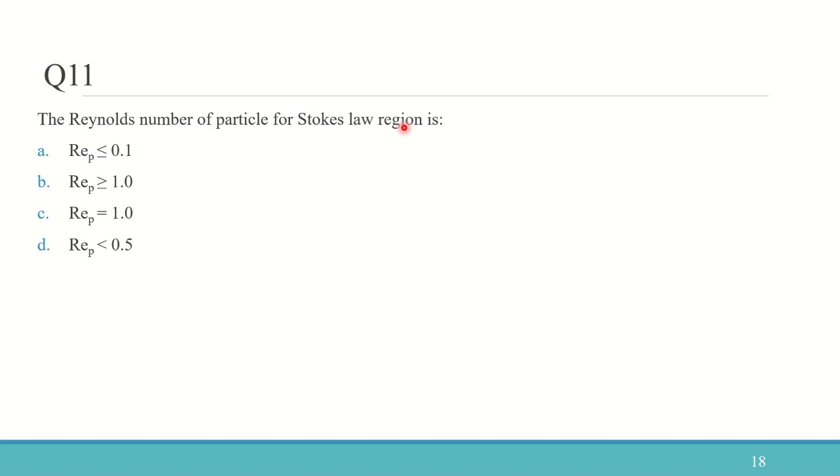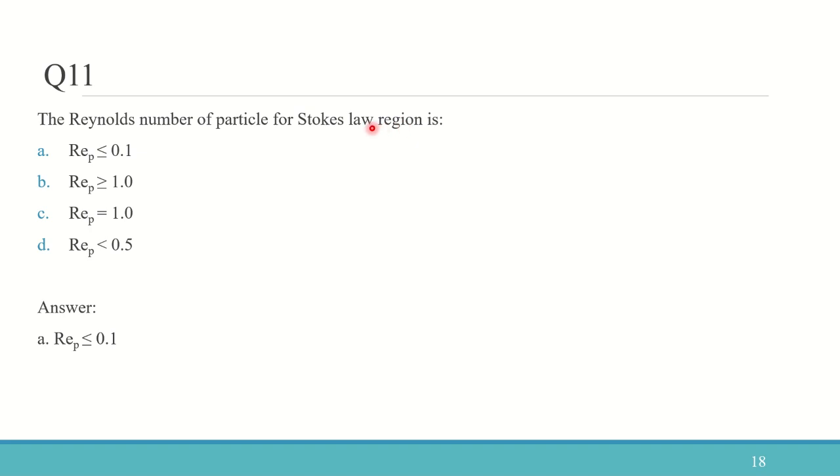So low at what value? Reynolds number less than or equal to 0.1 is the right answer. Option A is the right answer, which corresponds to the Stokes law region.